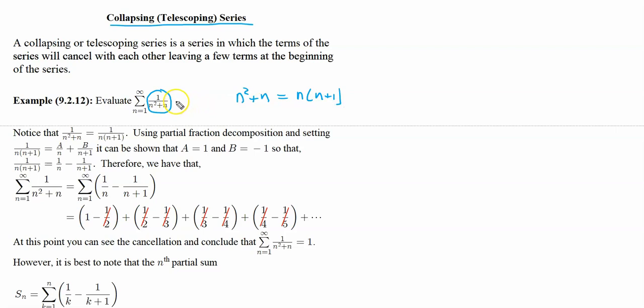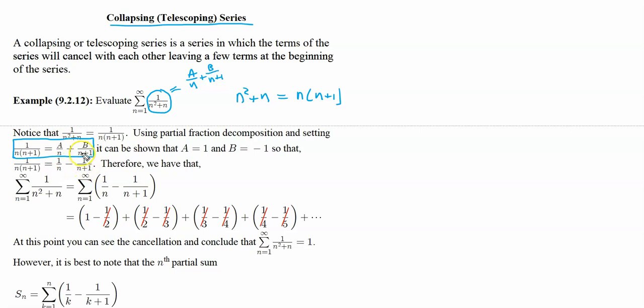So we can write this, what I have circled here, as a over n plus b over n plus 1 using partial fraction decomposition. And then let's see what happens when we sum up this series. Now we have to solve for the a's and b's.